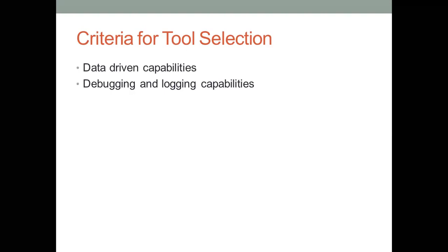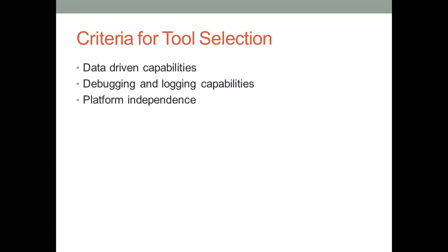Second, debugging and logging capabilities. So whether we have to debug the application, whether we want to store the logs of the activities that the tool has done. If we want to store those logs, then we have to select the appropriate tool.